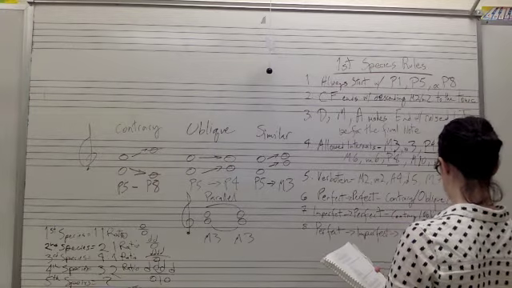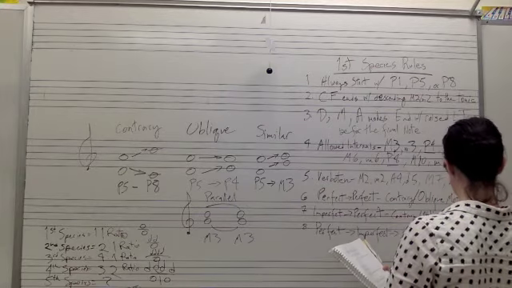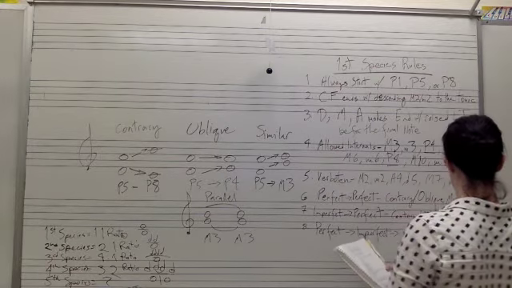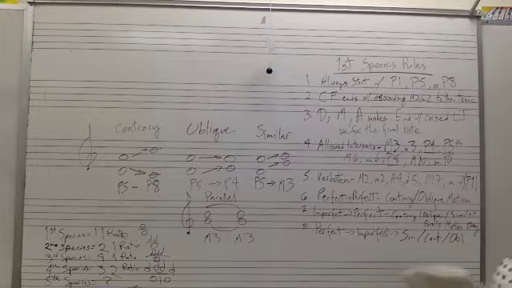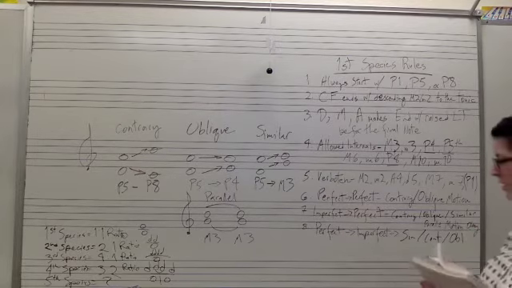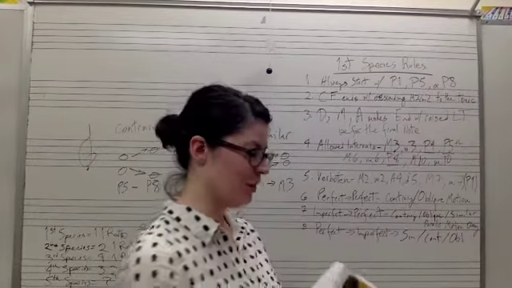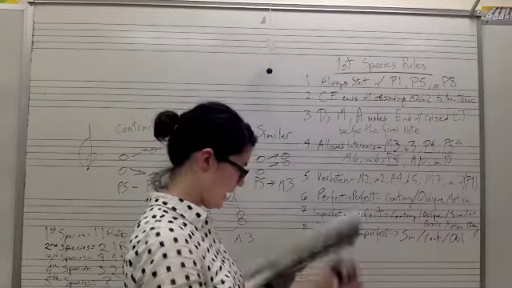But not parallel, obviously, because you're changing the actual interval. You're going from perfect to imperfect, therefore you have to change the notes. You cannot do parallel. It's just not possible.